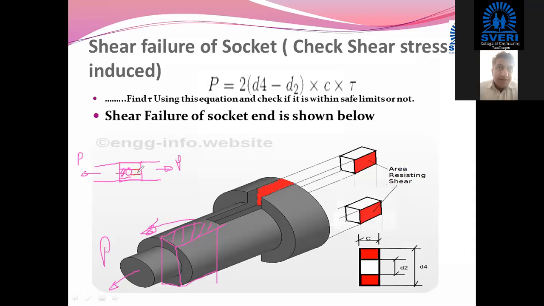Where will shearing take place? This is plate 2 and this is plate 1. Plate 2 ends here. This is the upper plate, suppose, and plate 1 is the lower plate below it. Where will shearing take place?